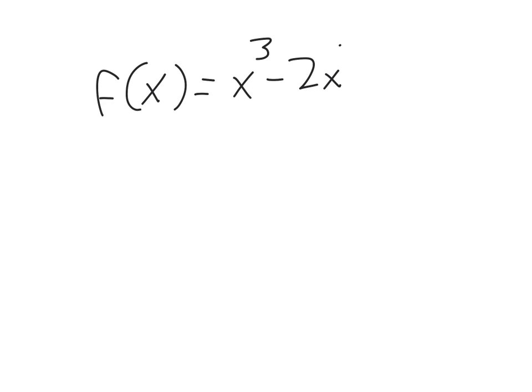Now a quick review before we talk about how to find horizontal or oblique asymptotes. Let's talk about finding powers of polynomial functions. Say I had the function f of x equals x to the third minus 2x to the second plus 11x minus 3. And I ask you, what is the power of this function?